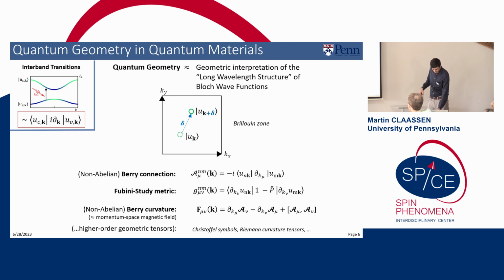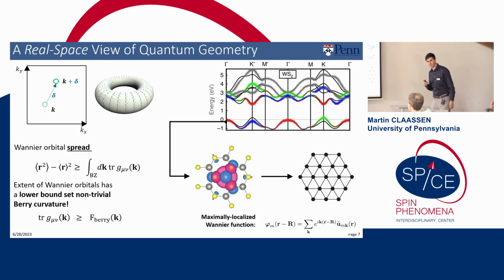One more ingredient that I need to present in order to motivate the correlated electrons problem is that there's actually a very neat way of thinking about this from a real space perspective. So instead of Bloch wave functions in real space, we can talk about Wannier functions of a solid. For instance, here this is tungsten diselenide.